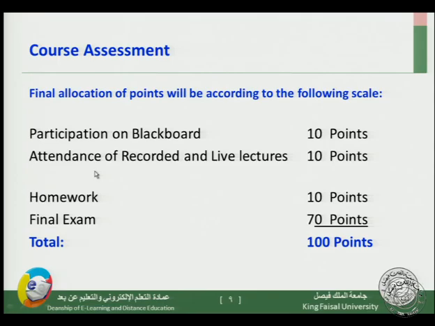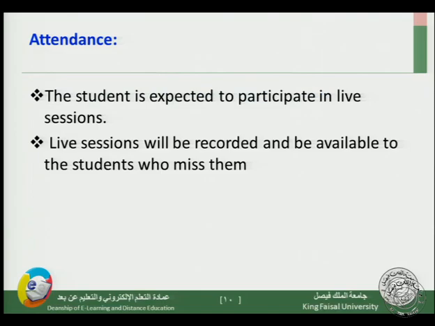Okay, now the assessment, as you know: participation on Blackboard 10 points, attendance of recorded and live lectures 10 points, homework 10 points, and final exam 70 points. So this is the normal procedure for course assessment. Now, as you know by now, you should attend and participate in live sessions.